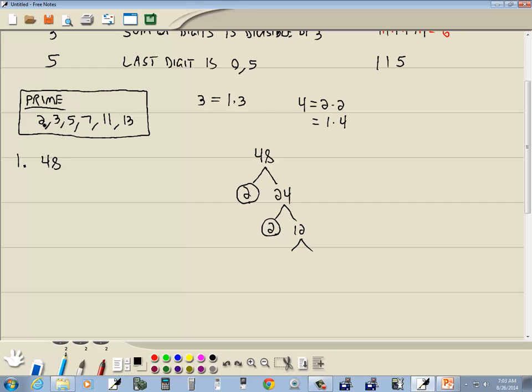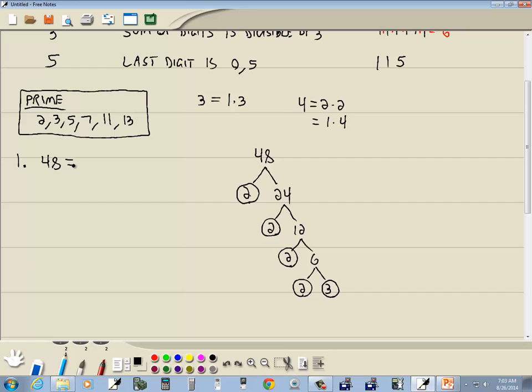We're still on our first prime, the 2, and the last digit is a 2, so it is divisible by 2. 2 times 6. 2's prime, so we circle it. And now we're on to 6. Still working with the first prime, and of course the last digit is a 6, so it is divisible by 2. 2 times 3. 2's prime, so we circle it. And actually, 3's prime, so we circle that too.